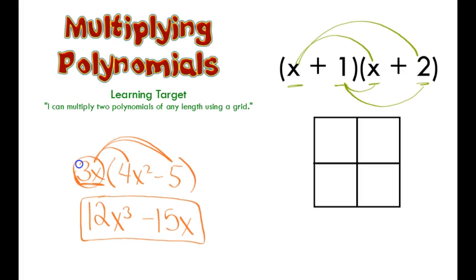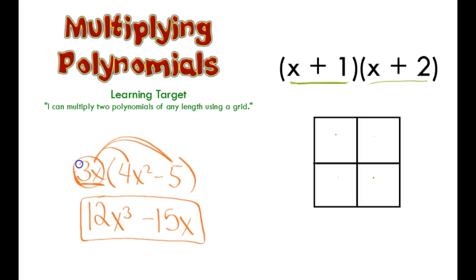And I actually call that method, if you just do it that way, the claw method. It looks like a lobster claw. But we're not going to do that method because it changes every time you have a different polynomial size. So instead, we just look at it and say, okay, this is 2 terms, this is 2 terms. So I need a 2 by 2 grid. And then you write the polynomials on the top and left.